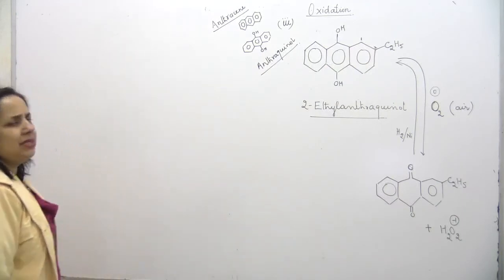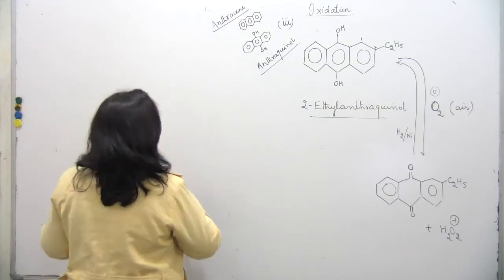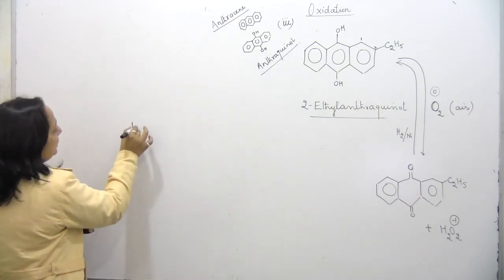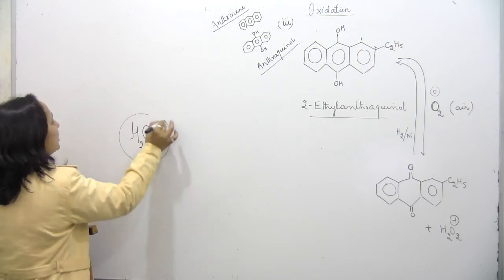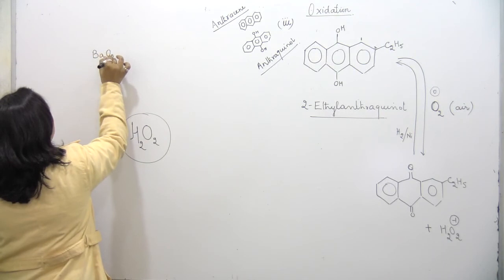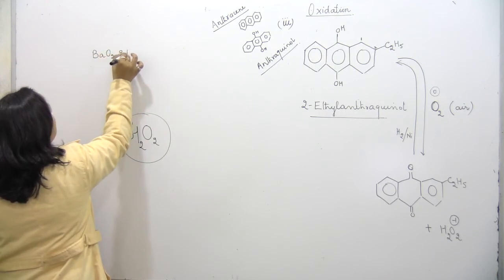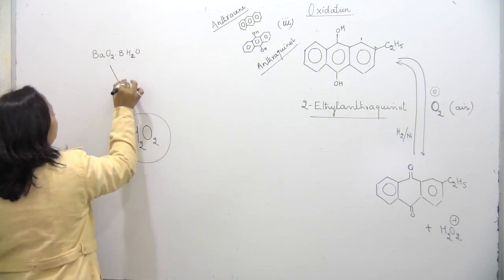We can sum up these methods of preparation of hydrogen peroxide. Complete this flow chart. Hydrogen peroxide can be prepared by BaO2.8H2O plus phosphoric acid.